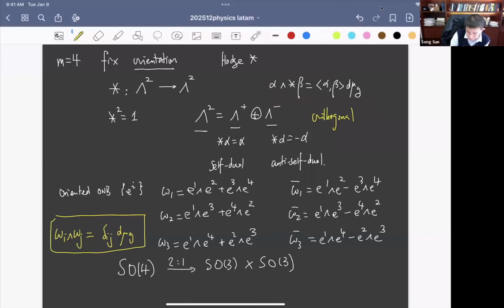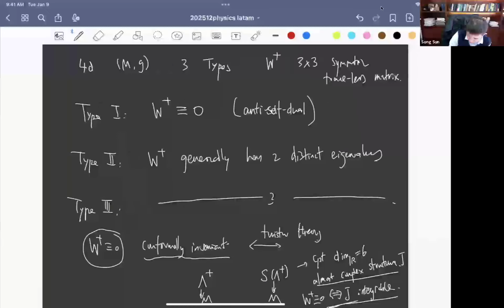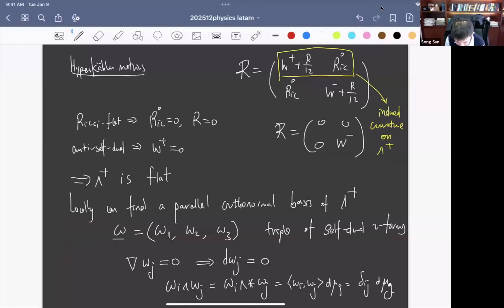Such a triple of 2-forms satisfies these two equations.